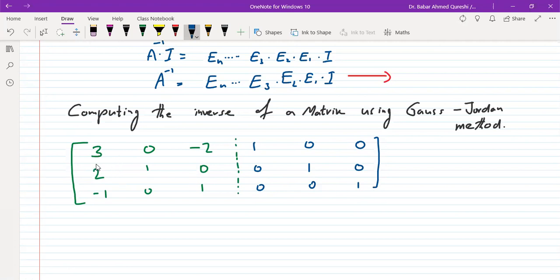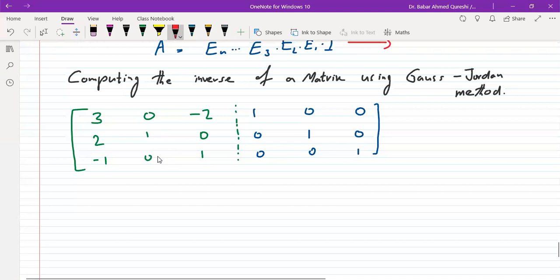And then I start doing row operations, looking at the green matrix on the left hand side, and try to put it into its reduced echelon form, or in other words, I'm trying to put it into identity using row operations. But I'll keep doing the same row operations to the blue matrix on the right hand side as well. And by the time I get an identity on the left, I would have the inverse of this matrix on the right.